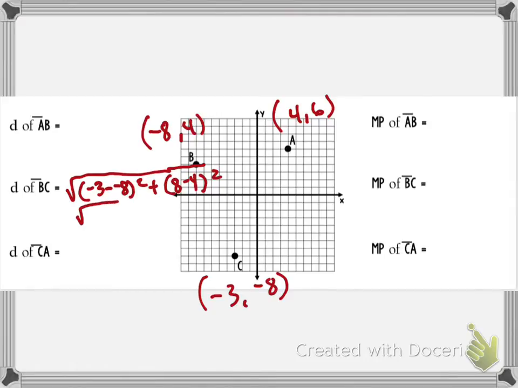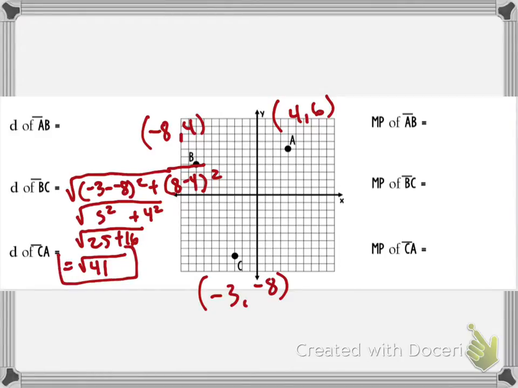Doing the math, this becomes the square root of 5 squared plus 4 squared. Go ahead and simplify that. You should get square root of 25 plus 16, which is the square root of 41. And 41 doesn't break apart, so this will be our final answer. 41 is a prime number.